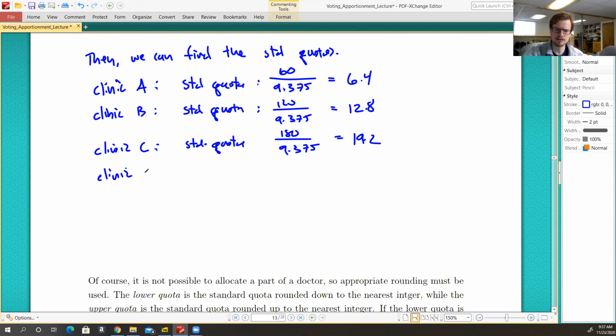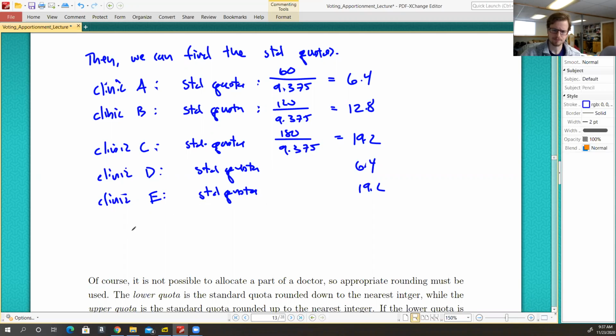Clinic D sees 60 patients each week like clinic A, so the standard quota for clinic D is also 6.4. And the standard quota for clinic E is the same as clinic C, since they also see 180 patients each week. So this is 19.2 as well.